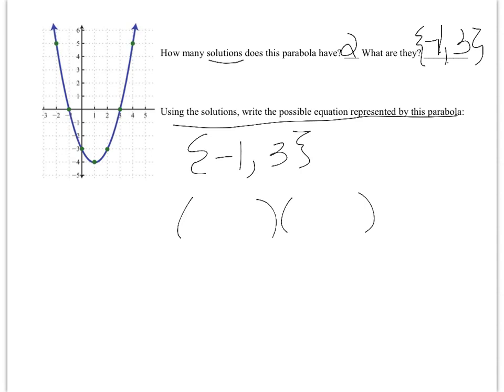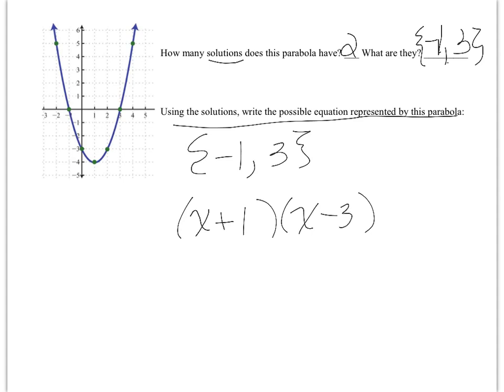So a very basic equation would be to start by coming up with your factors. To get -1 as a solution, remember I had to undo operations. The very basic expression that would give you -1 would be x plus 1. And the very basic one that would give you 3 would be x minus 3.